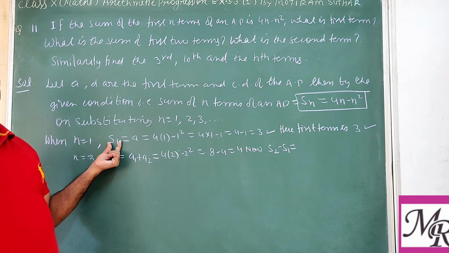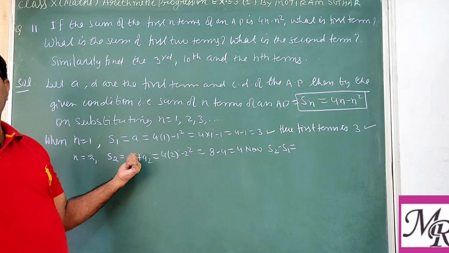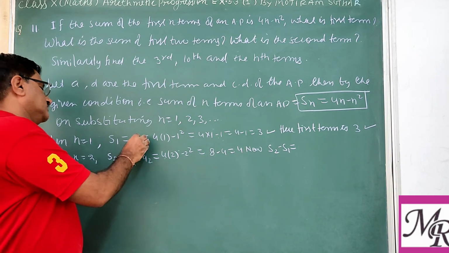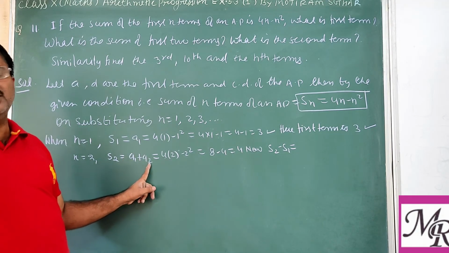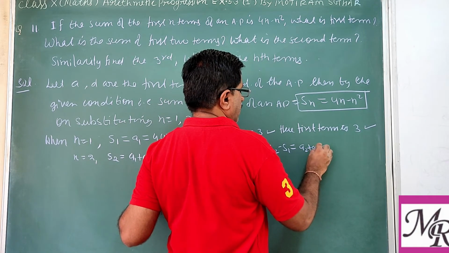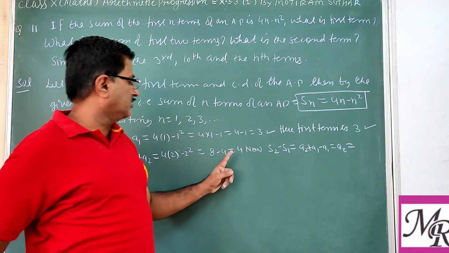S1 means only the first term. So this minus this, we get A1 plus A2 minus A1. So you get the second term. S2 minus S1 means A2.